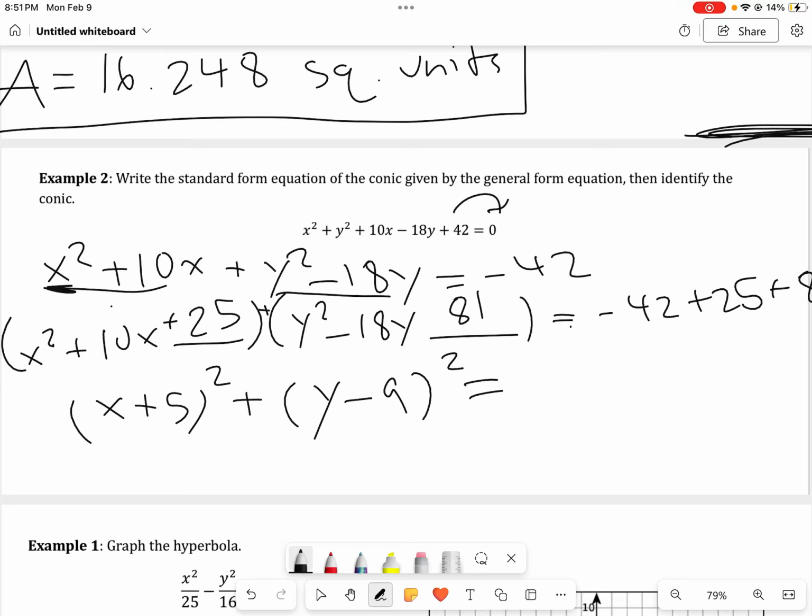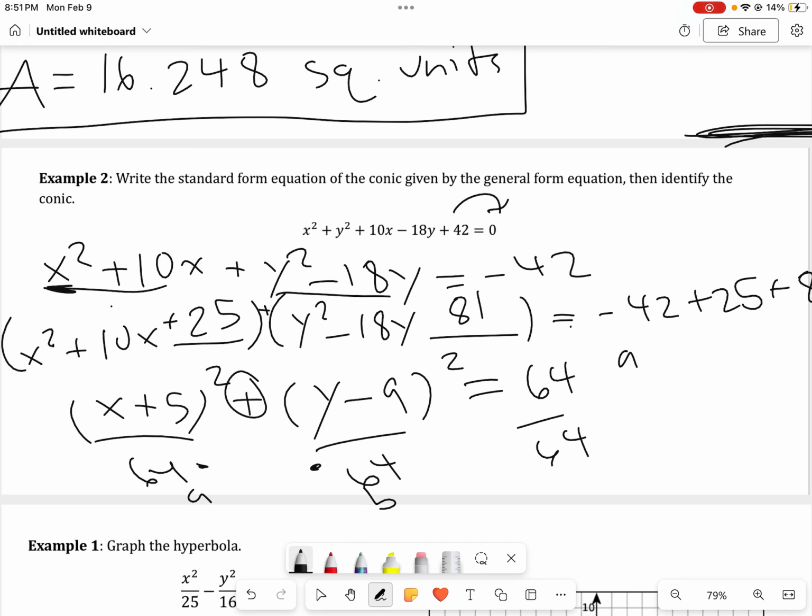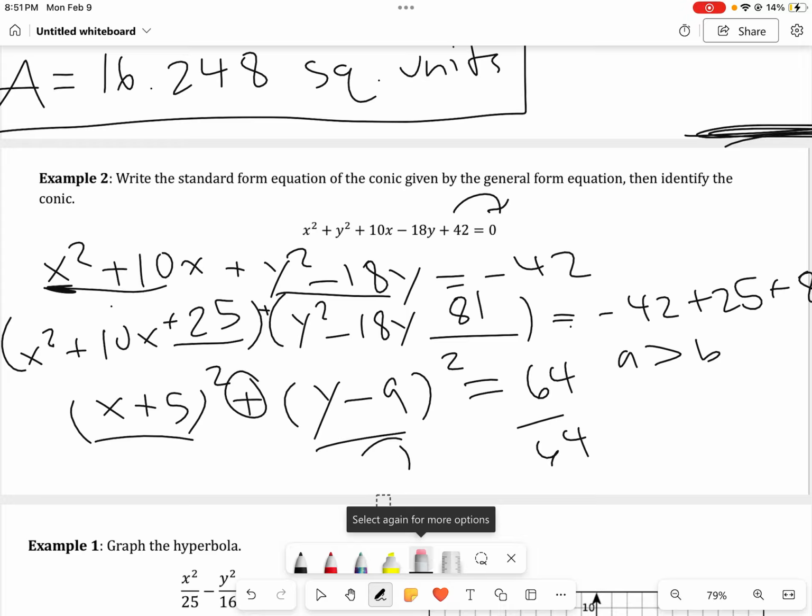But the thing with an ellipse is that one of these denominators has to be bigger than the other. This would be theoretically a or something, this would be b. a has to be greater than b. And if they're the same value, then that ruins the definition of an ellipse, so it can't be that. And it can't be a hyperbola because it's the sum of these two.